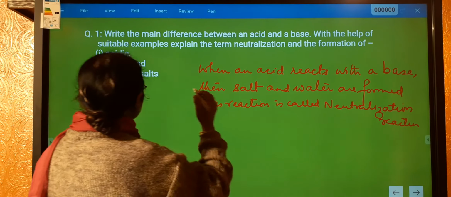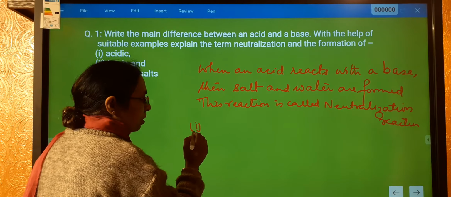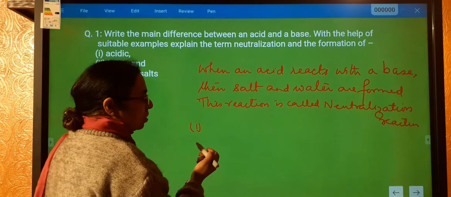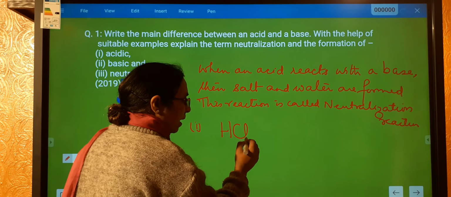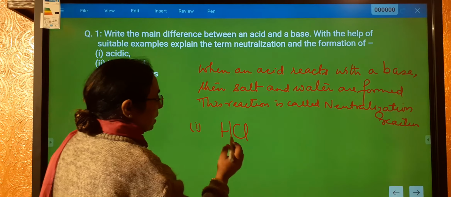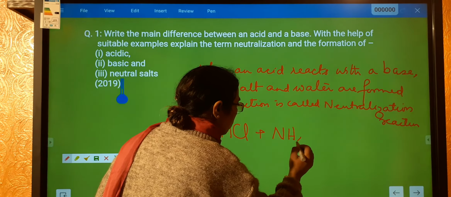Now with examples we have to see acidic salt. Acidic salt will be produced when a strong acid, we can take HCl, and a weak base such as NH4OH react. What will be produced?